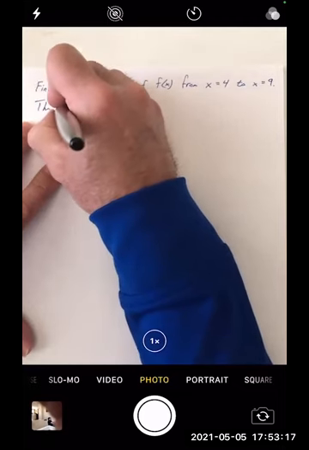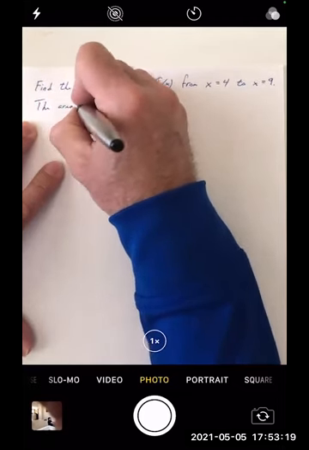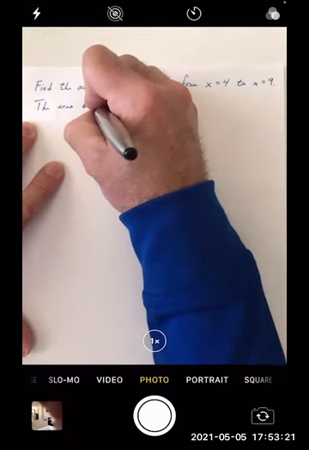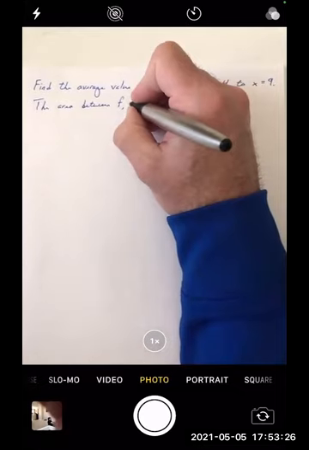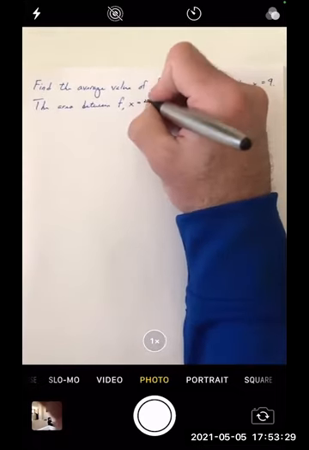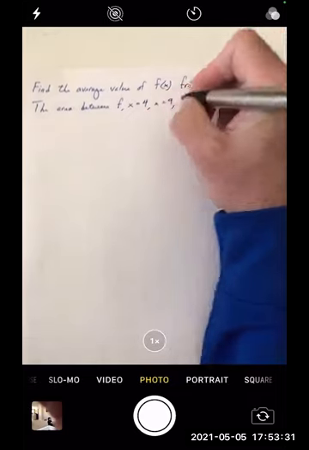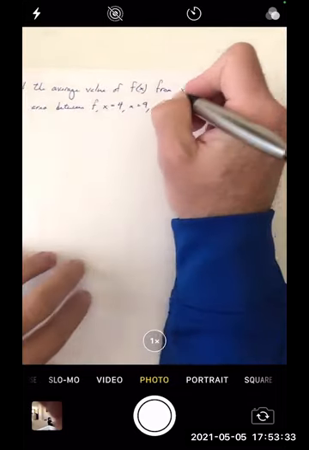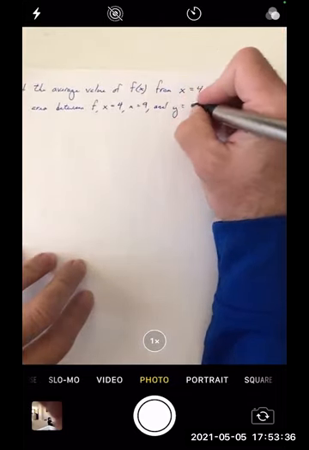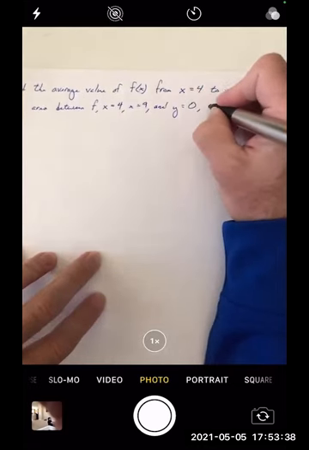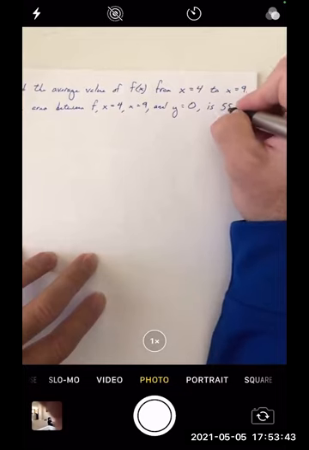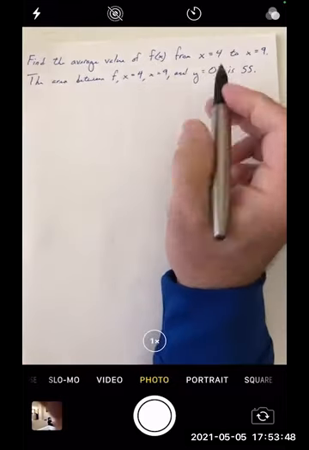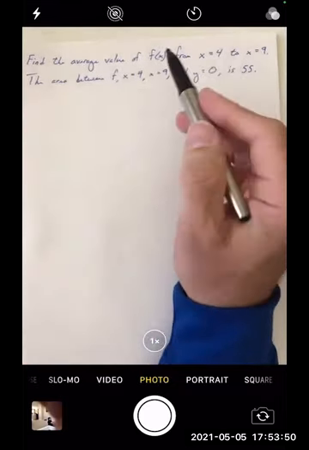And the area between f, x equals 4, x equals 9, and y equals 0 is 55. So the question on the quiz is pretty similar to this. The numbers were just different.